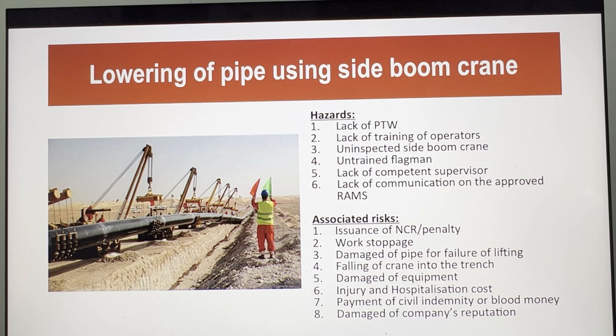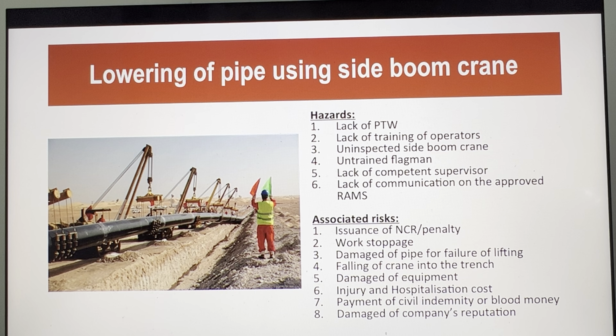The cranes involved are not even checked whether they are certified by a third party, the load, or whether there is modification, because if there is modification, that requires another third party. Lack of PTW itself means you miss the opportunity of checking whether your equipment remains suitable up to the time that it will be used for lifting.